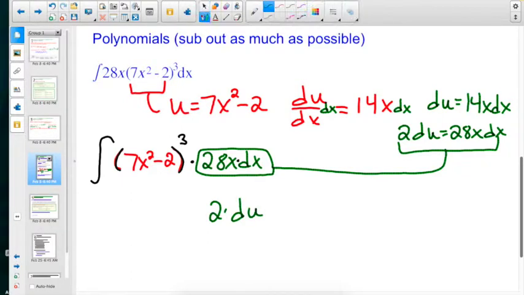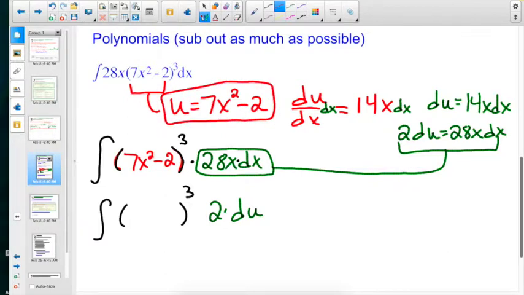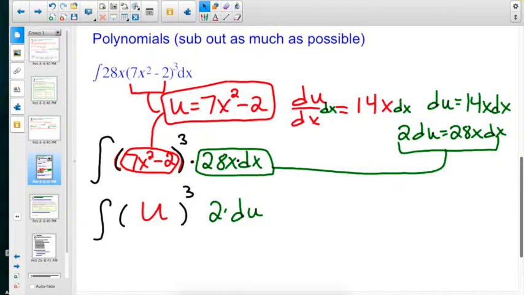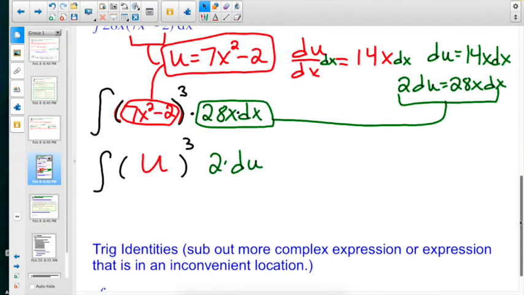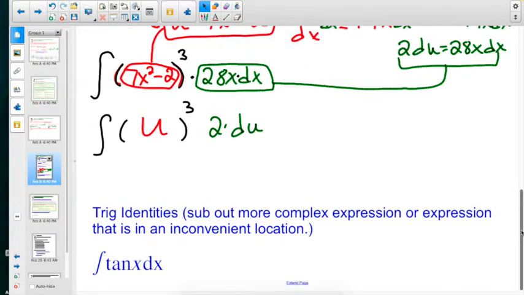And instead of 7x squared minus 2, I'm going to call that what? U. So if you notice, the entire x variable is gone. And we're left with integrating what?